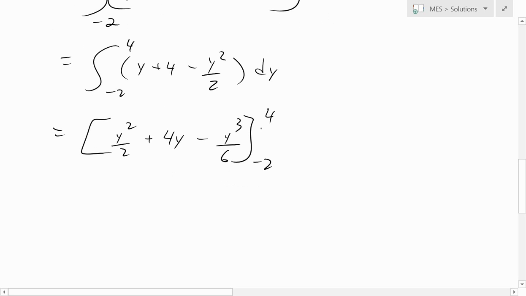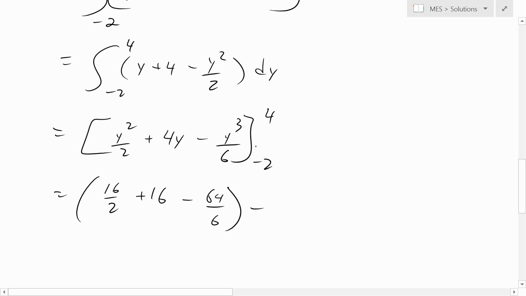Yeah, so now all we do is plug these in, so put a 4 over here: 4 squared is 16, then there's an over 2, then 4 times 4 is 16, minus 4 cubed, that's 64, divided by 6.